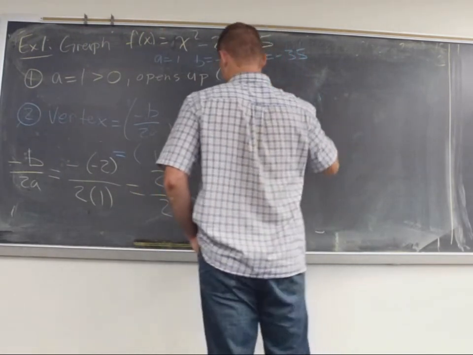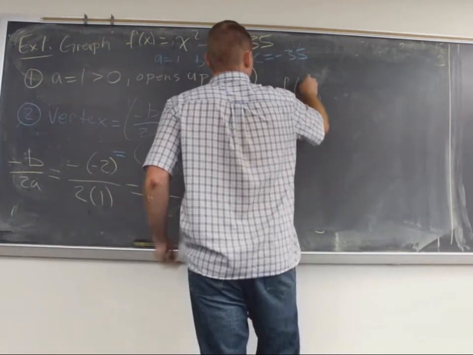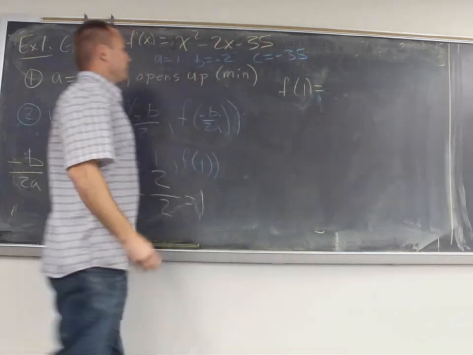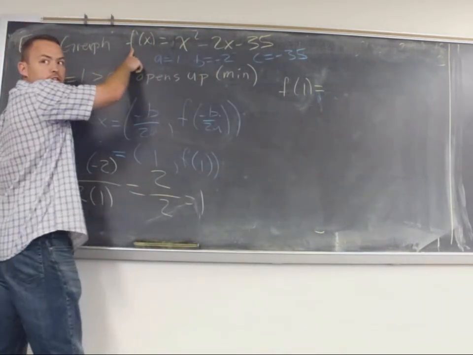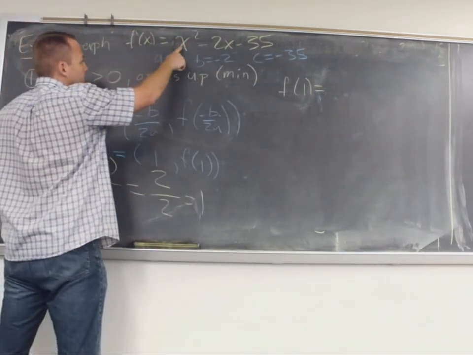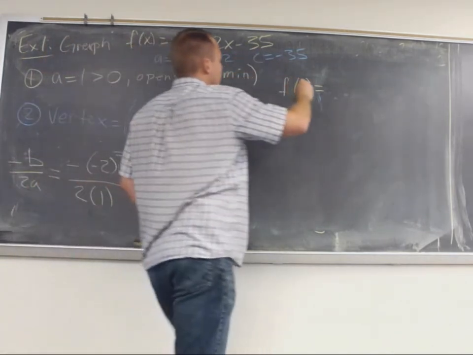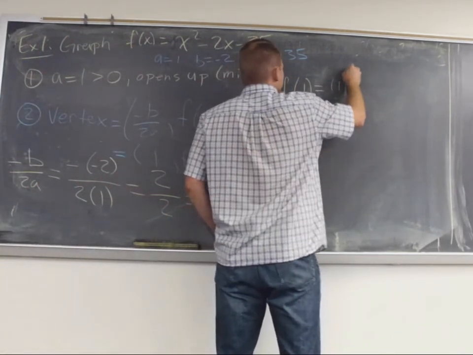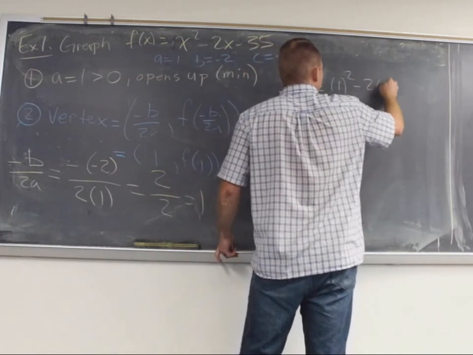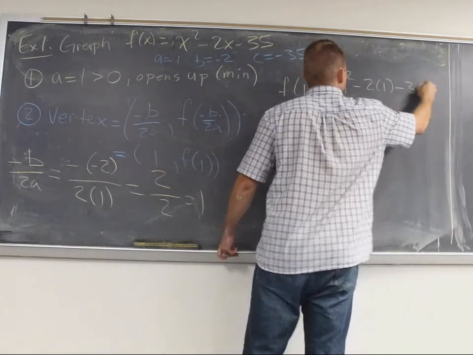So f of 1, that means you're plugging in 1 into the f function everywhere there's an x. So now you're going to get 1 squared minus 2 times 1 minus 35.